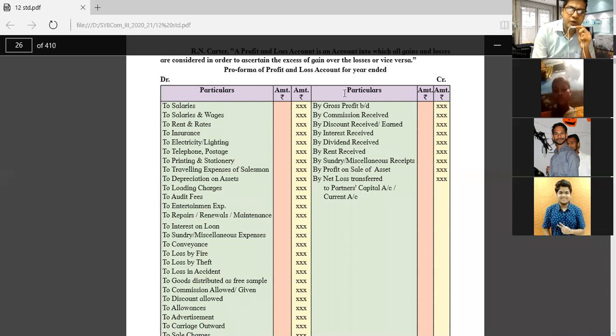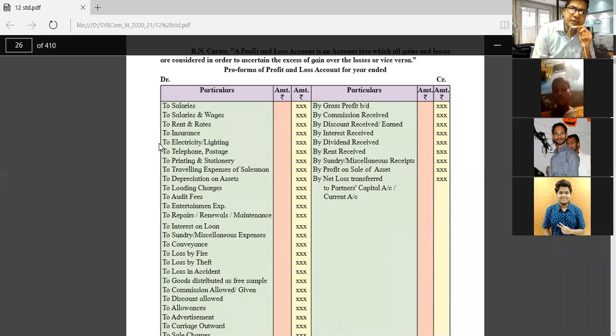If the partnership firm has a warehouse and office premises and is paying rent, rental office is there, rental warehouse is there. So rent and taxes we will show on the profit and loss account debit side. Insurance, when the company takes insurance for the employees, such expenses are also recorded on the profit and loss account debit side.